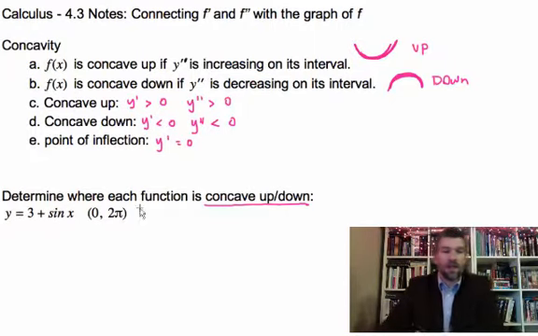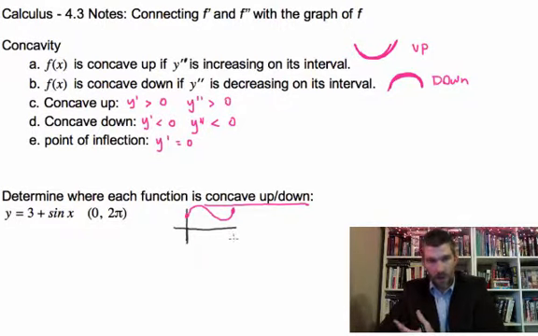Now let's look at the second part, where y is equal to 3 plus sine x. Again, we're looking from 0 to 2 pi. So if you think about what's going on with that graph, our original graph is going to be up at 3, and we're going to go up, come down, and go back. And so here's our 0 to 2 pi graph.